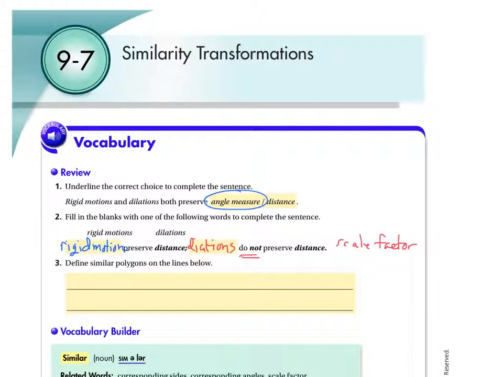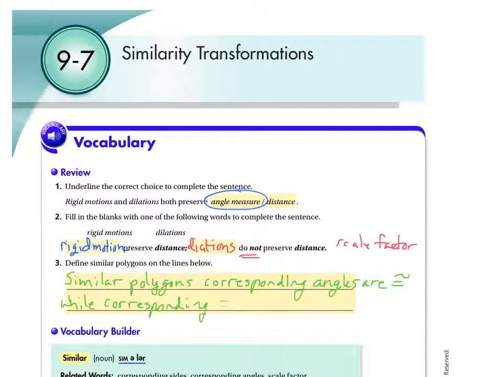So similar polygons: corresponding angles are congruent while corresponding sides are proportional.